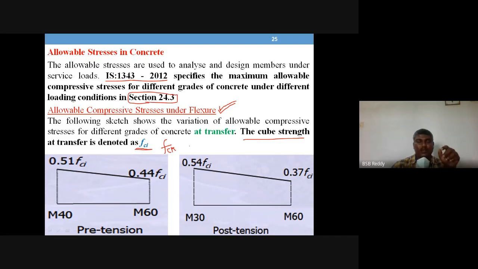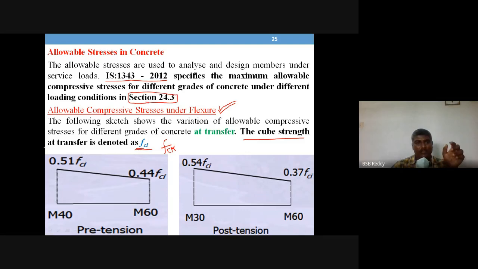Okay, fck is the characteristic compressive strength at 28 days, whereas the transfer can happen, maybe in pre-tension, even at 7 days. Okay, it's your design aspect. Okay, in post tensioning, whatever number of days the transfer takes place, you have to take that as fci.